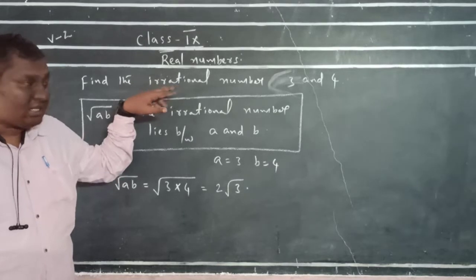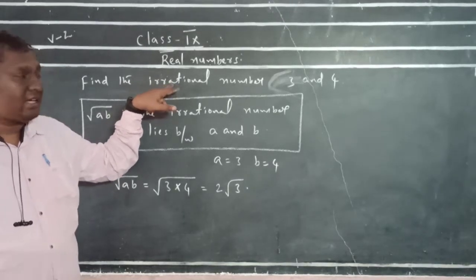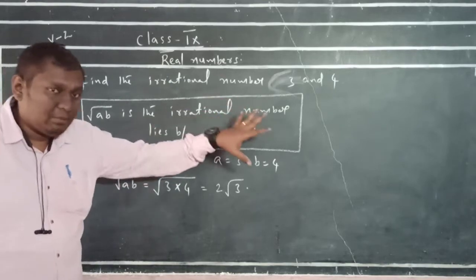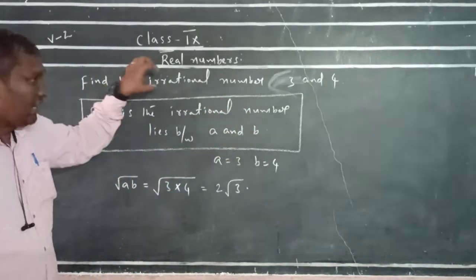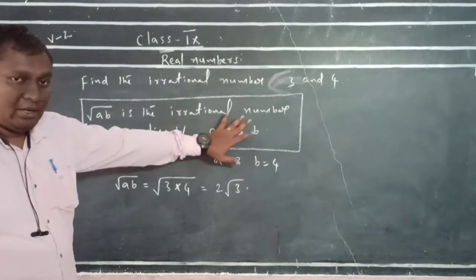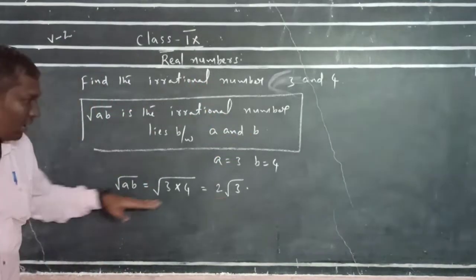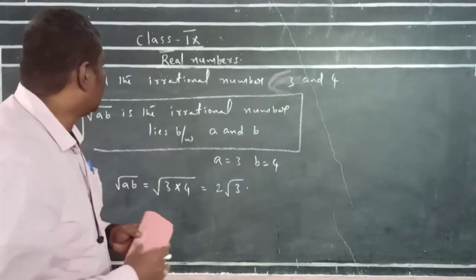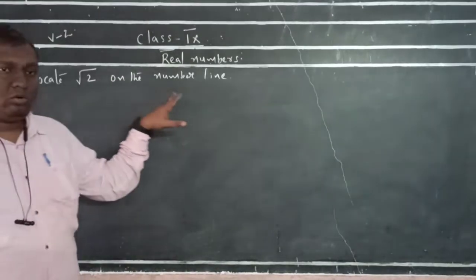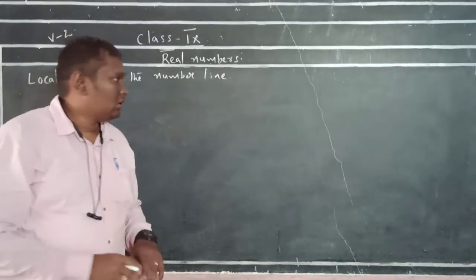In the previous class we applied the rational number formula, (a plus b) by 2 is the rational number between a and b. Here the irrational is asked, so root ab is the irrational between a and b. Apply the formula, got the answer.